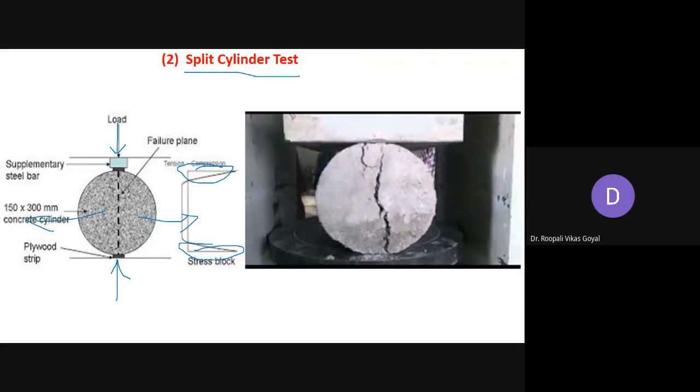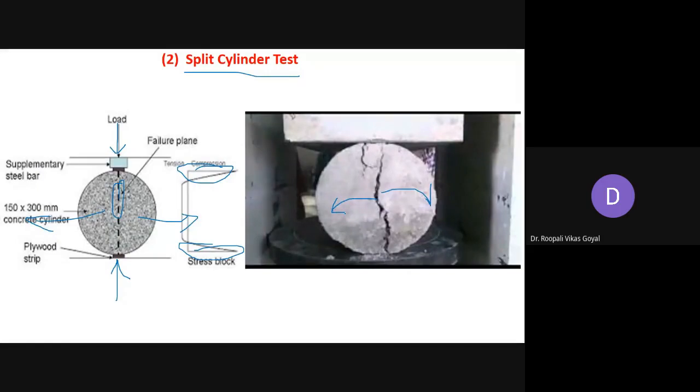You have to observe the failure plane and find the maximum load. In this case the cylinder will split exactly into two parts. That's why it is called the split cylinder test, because the whole cylinder, which we keep horizontally, will split in two.